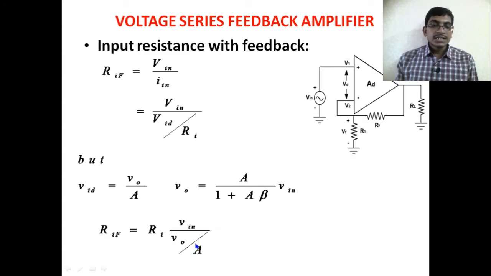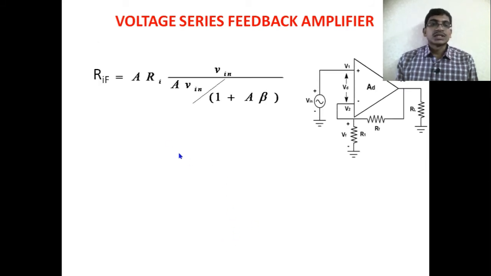Here, instead of the output voltage V0, we are applying the equation A by 1 plus A beta into VIN. So RIF is equal to A into RI into VIN divided by A into VIN by 1 plus A beta.